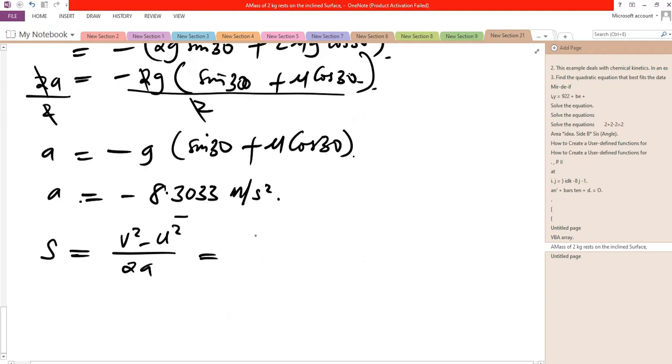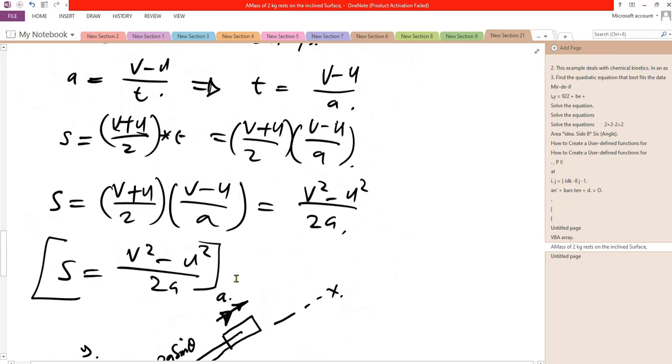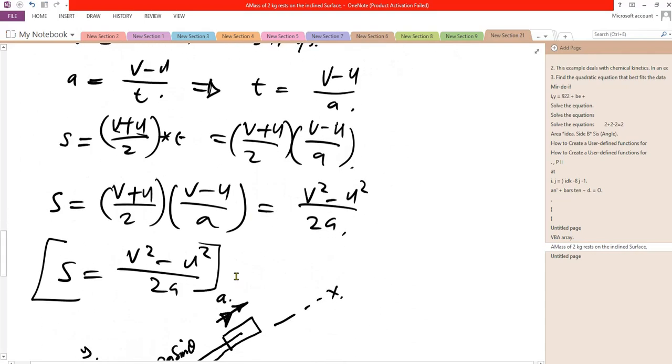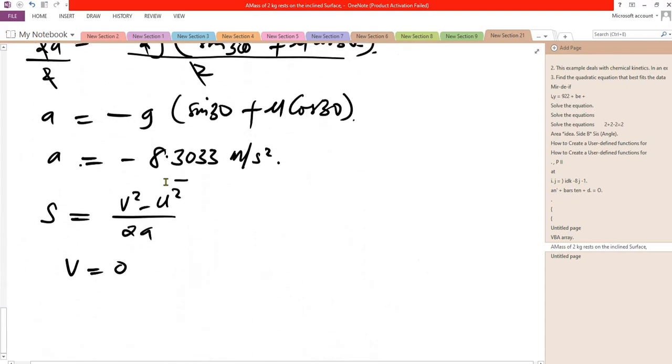At the point where it stops, that is how further it can go, the final velocity at that point is equal to 0. The initial velocity will now be the final velocity at the point when the rope cuts, which is 3.77 meters per second.